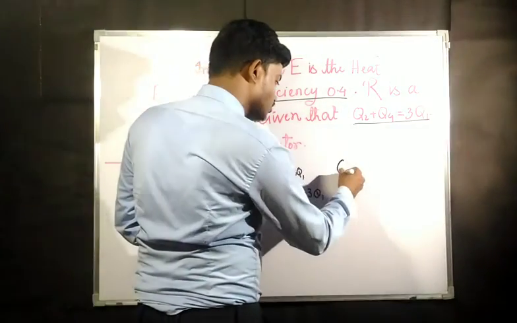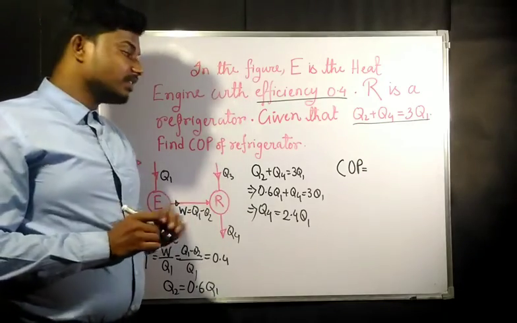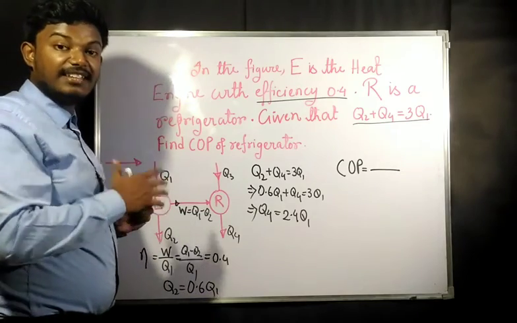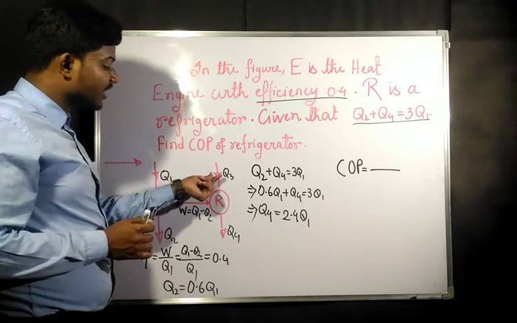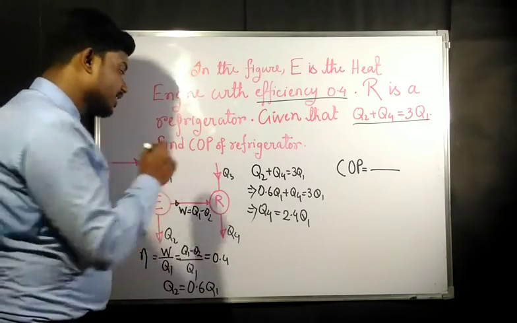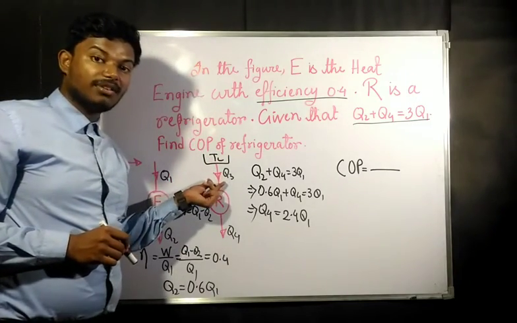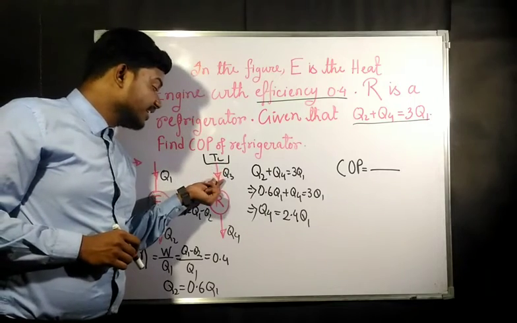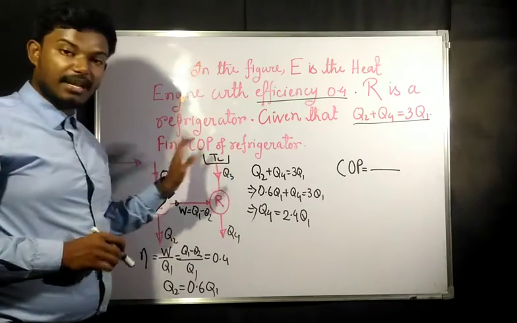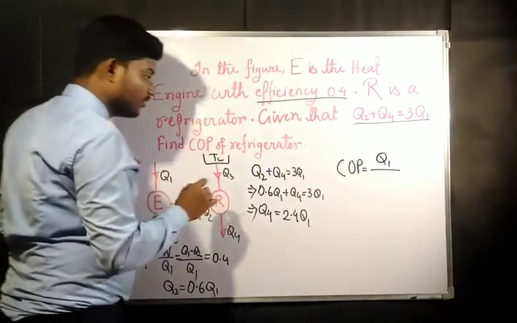Now they have told us to find the COP. What is going to be the COP? COP is nothing but the required, desired effect. So in refrigeration, whatever heat is being taken out from the lower temperature reservoir, to maintain that temperature, that heat is going to be in the numerator, sorry, Q3.